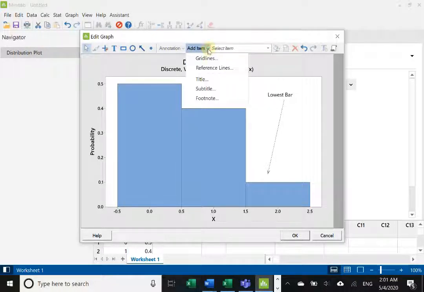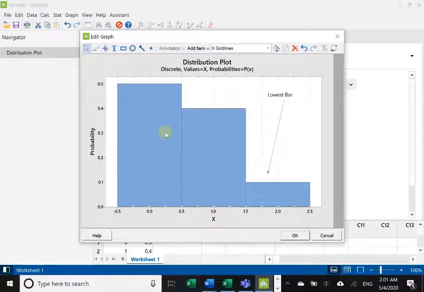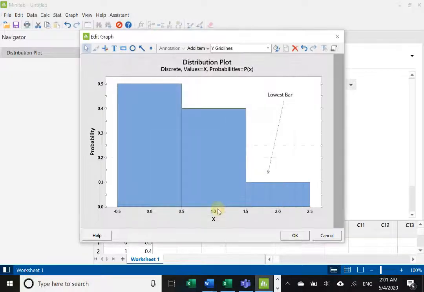Add an item. You can add grid lines, and let's say for X major, X minor, and there you go. You see all these grid lines that are inserted along for the X values. If you want, you can actually go grid lines. I'm going to remove the X's. Usually we see grid lines on the horizontal axis, I mean, going in a horizontal direction, and there you go.